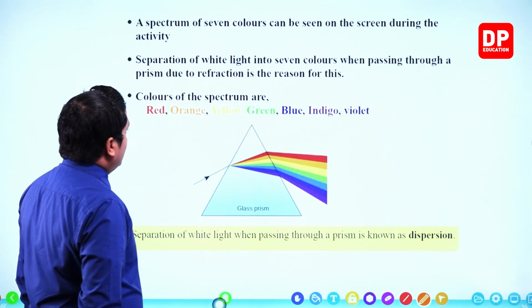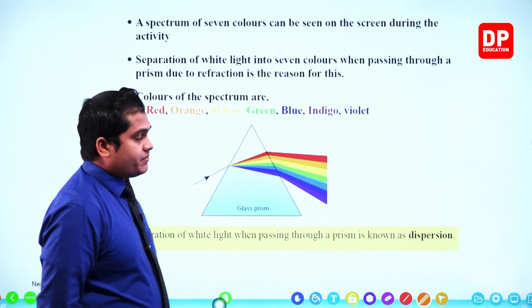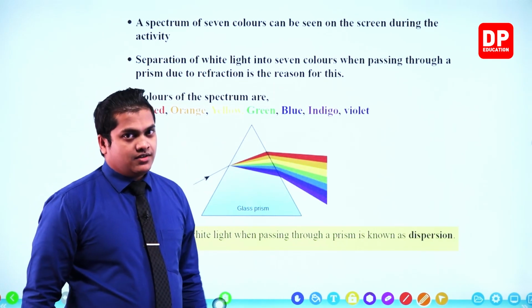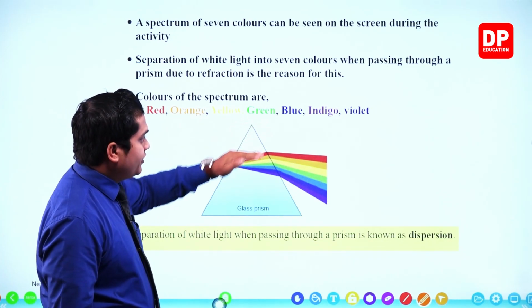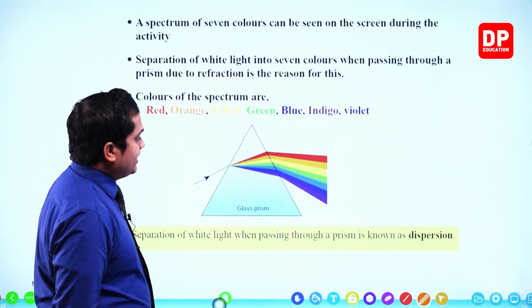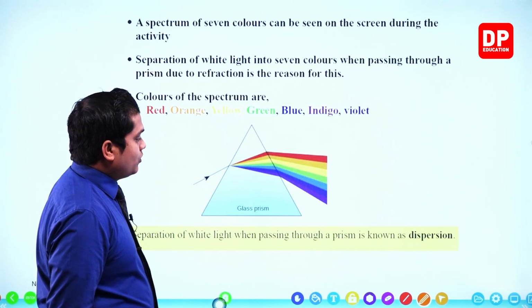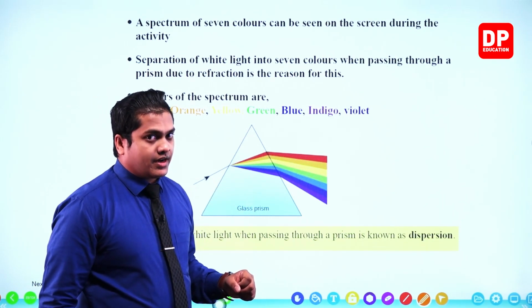The colors of the spectrum are given according to the order: red, orange, yellow, green, blue, indigo and violet. Like this, the white light is getting separated into 7 different colors when it is passing through a glass prism. Then the important fact.